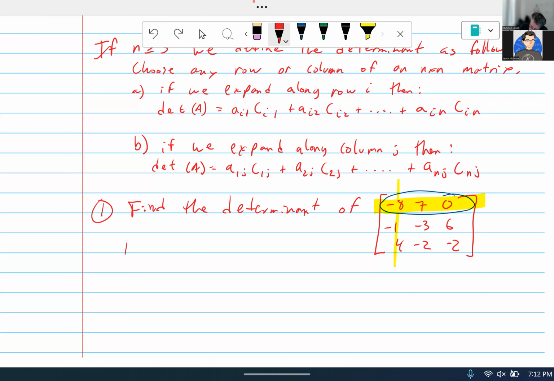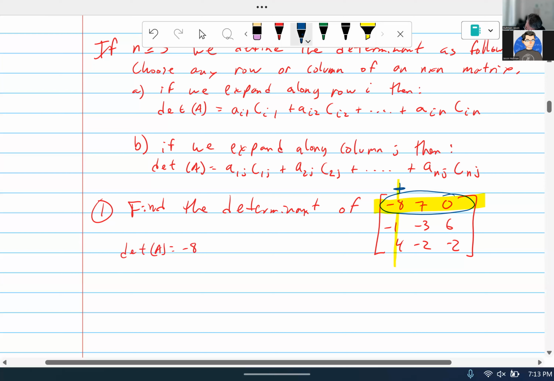The determinant of A is equal to -8 times the signed minor. What's the sign? With that checkerboard pattern, it's plus, minus, plus for the first 3 entries. So it's -8 times +1, times the minor.